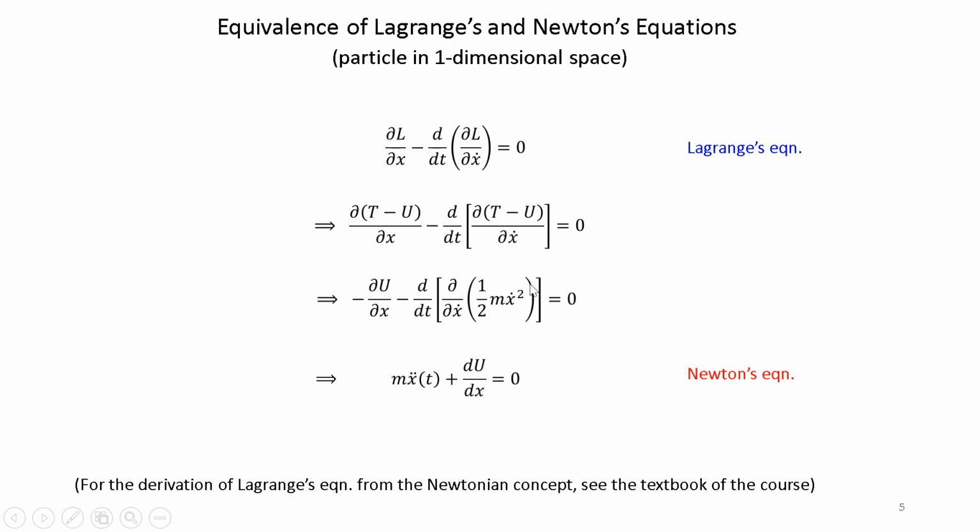Then you need to further take the partial derivative. You see that the whole second term will become m times x double dot, which is m times a, plus dU dx. Here I don't use the partial symbol anymore because, as I said, this is a one-dimensional problem, so U is a function of x only anyway. So now I have m x double dot plus dU dx equals 0.